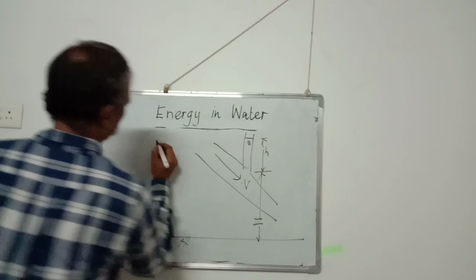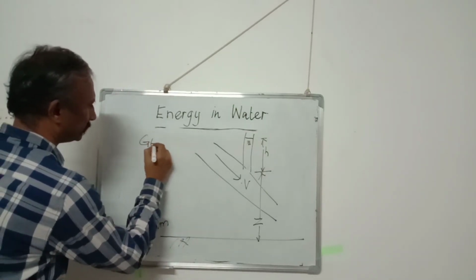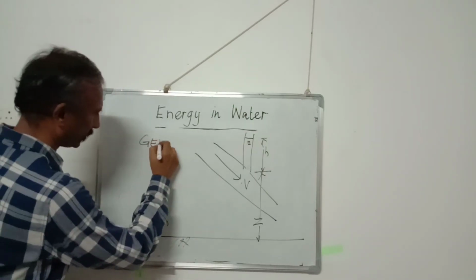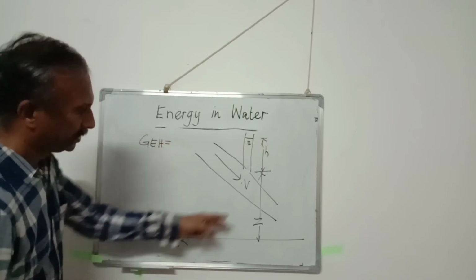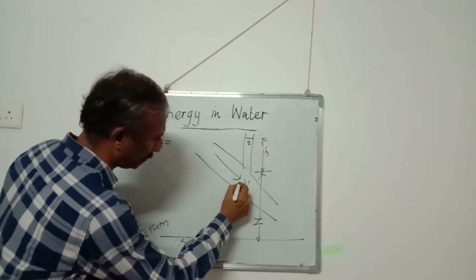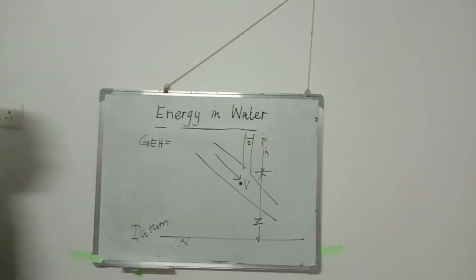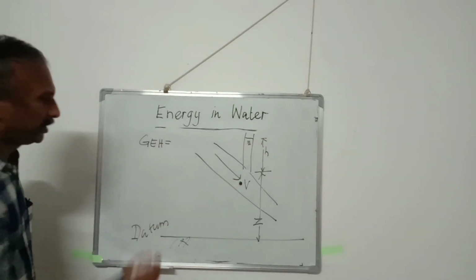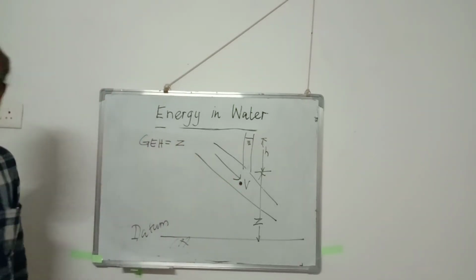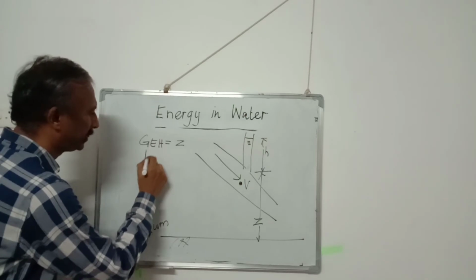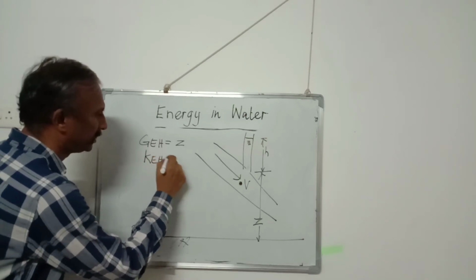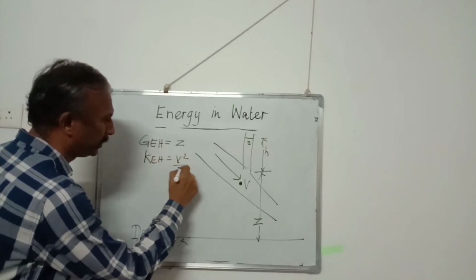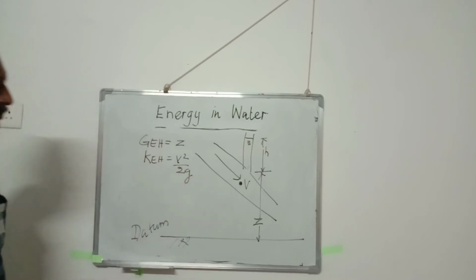So in flowing water we can identify three forms of energy. One is gravitational energy. Gravitational energy head is z. At this location, how much energy is being possessed by the water, that is equal to z. Kinetic energy head, as we already said, is V squared by 2g.